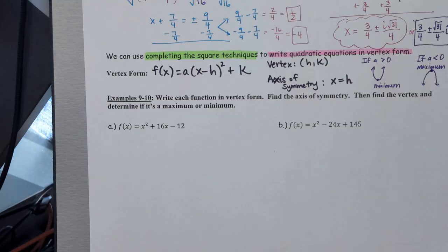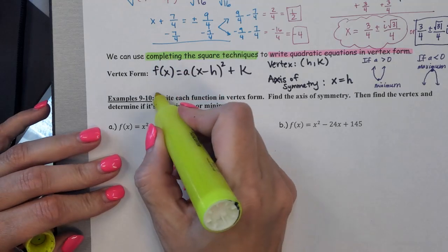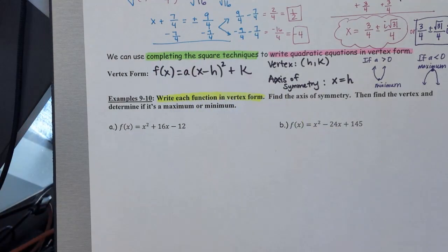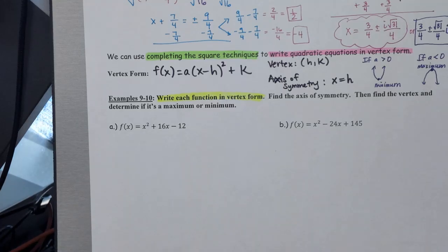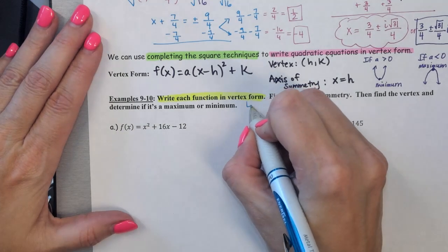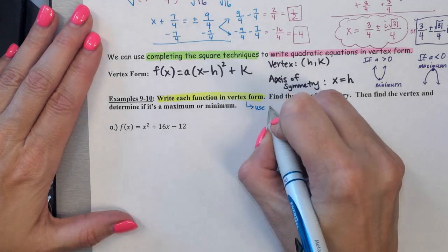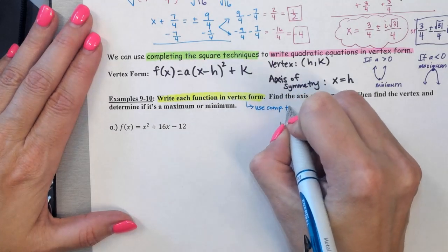Now let's look at these directions here. They're kind of intense. You have to find a few different things. The first thing it says is write each function in vertex form. When you have to do this on your assessment, you are going to have to use the completing the square technique. So we're going to use completing the square.